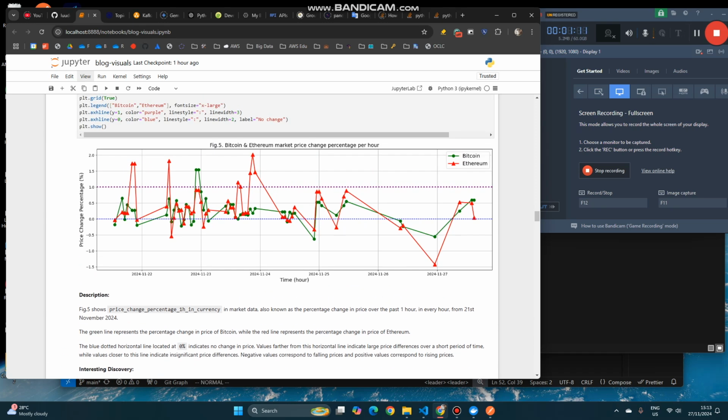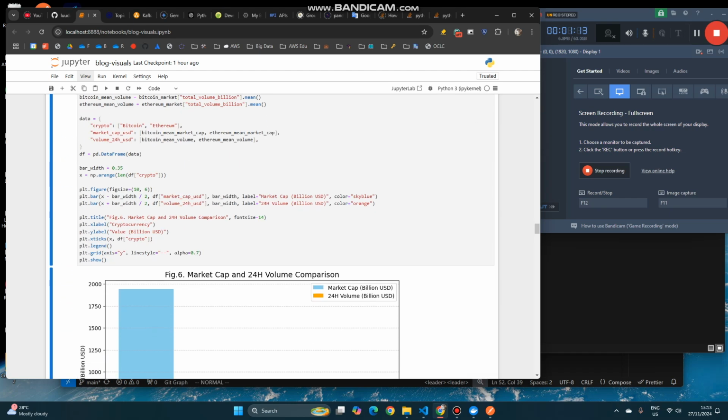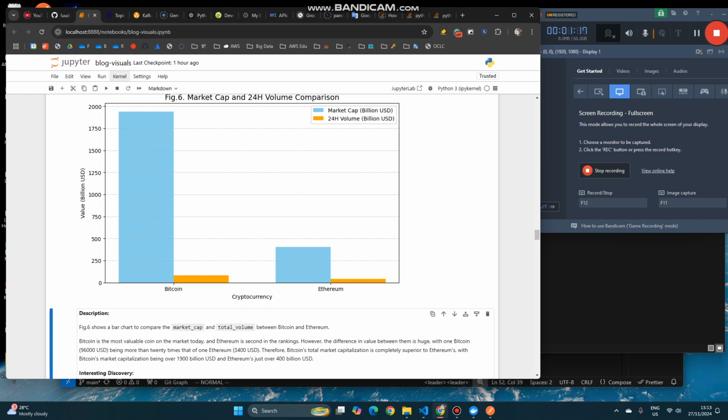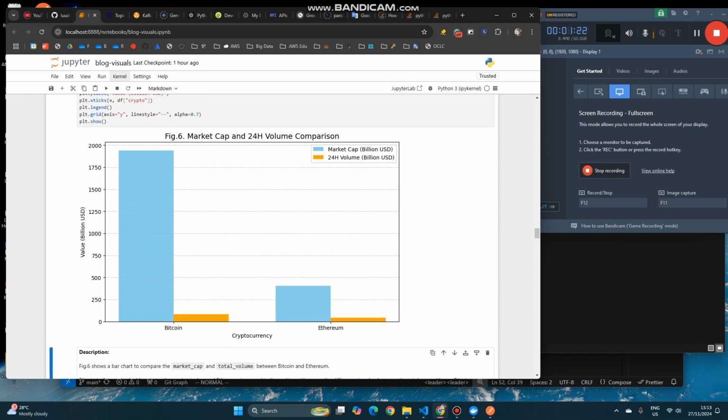We can hold Bitcoin. Okay, let's move to the next plot that we have. This is the bar chart. So I want to compare the market capitalization of the Bitcoin and Ethereum.